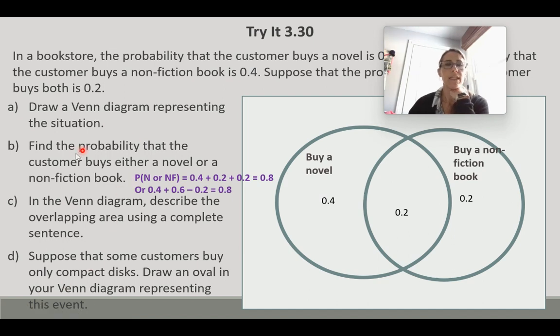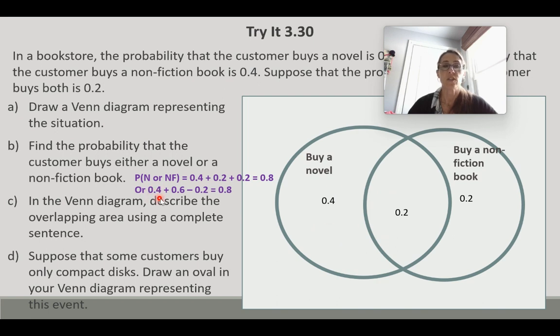So what's the probability that the customer buys either a novel or a nonfiction book? So you can think about just adding up the numbers across, 0.4 plus 0.2 plus 0.2, that gives us this first line here, which is 0.8. Or if you think back to the addition rule, I think I did this the other way.